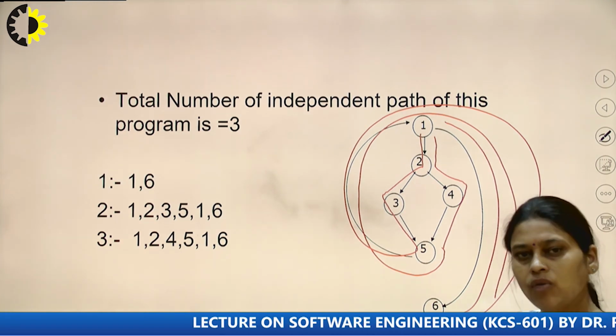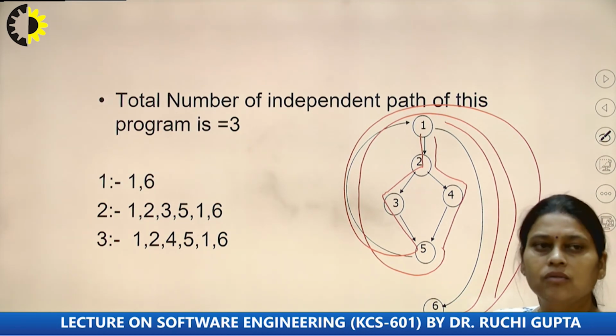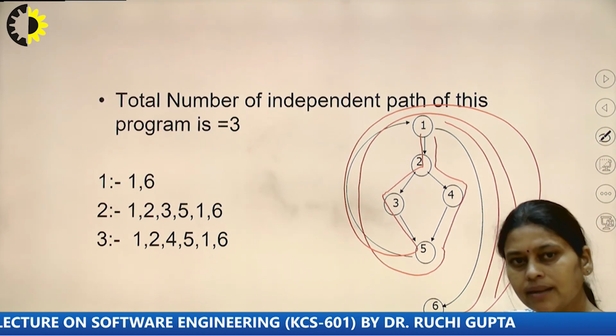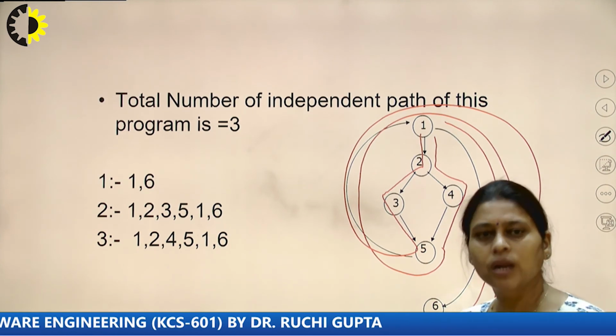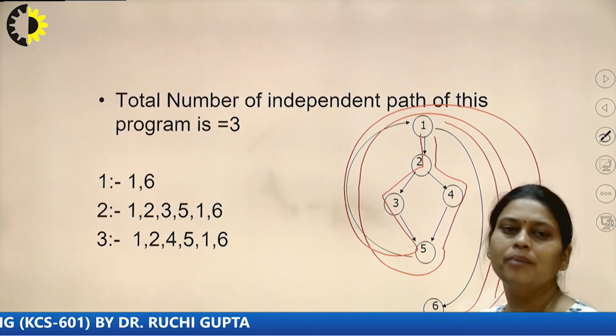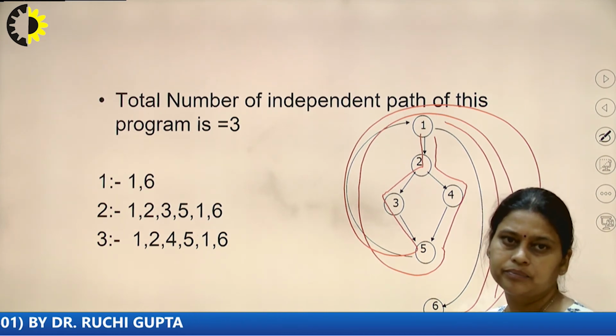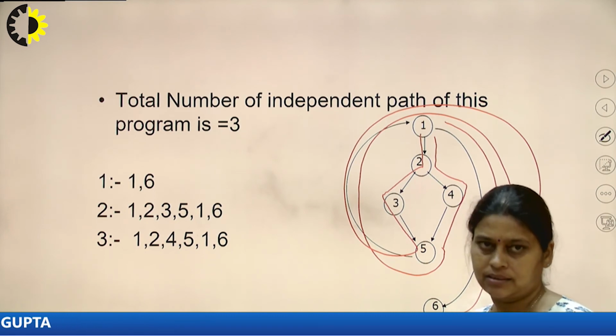Then we convert this program into a control flow graph. Then we calculate the complexity by the given methods and find out the total number of independent paths from source to destination, or from entry to exit criteria. So it should be equal with all 3 methods.